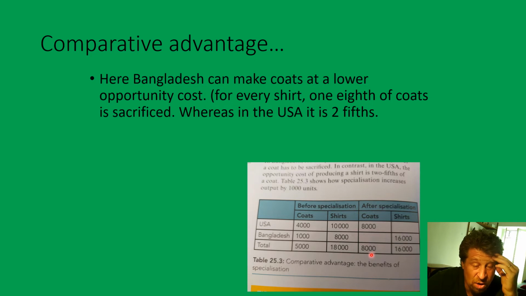Here we can see it's gone up a little bit. 8,000 plus 16,000 is 24,000 units. So we can see there is an advantage, and that extra 1,000 can be used to trade. So both countries have the benefits of that specialization and increase in total output.